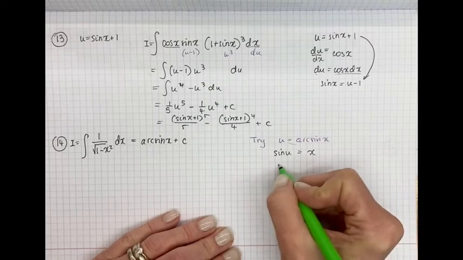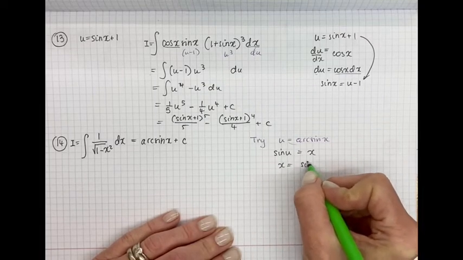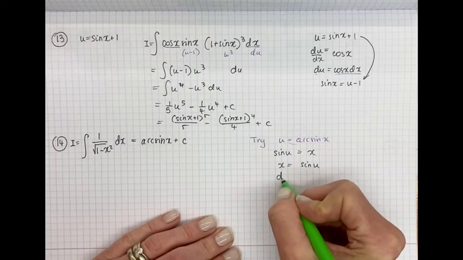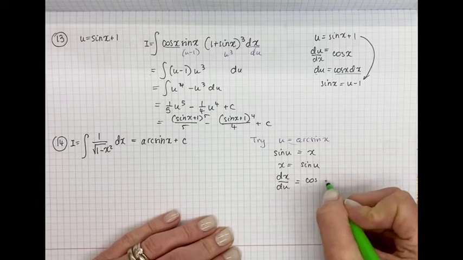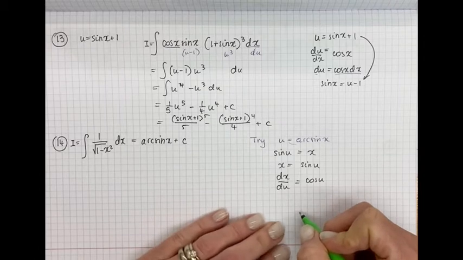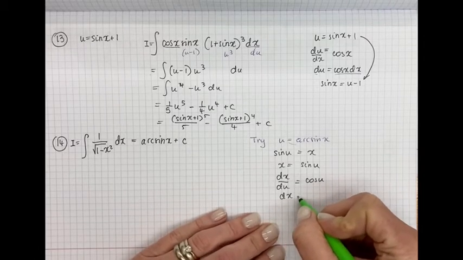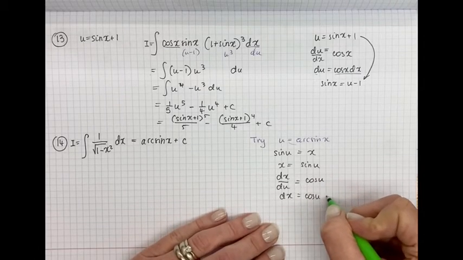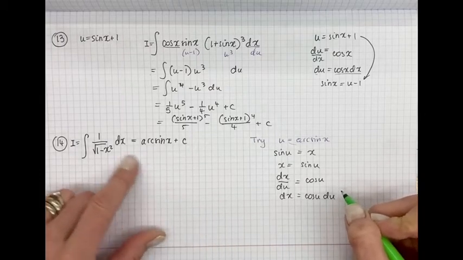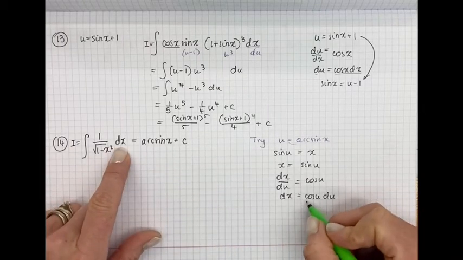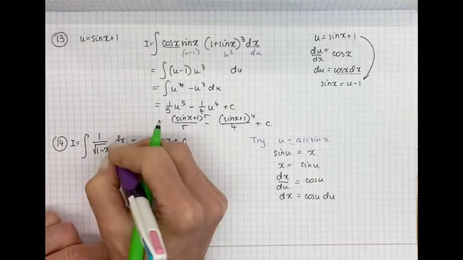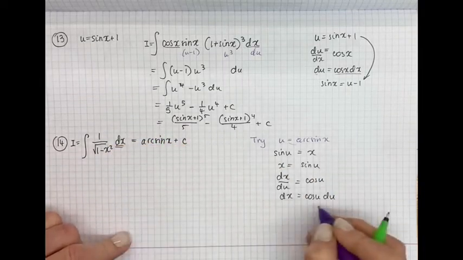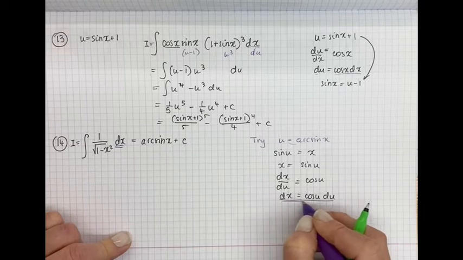So I'm going to differentiate x with respect to u to get dx/du is equal to cos u. So dx is equal to cos u du. Now I've got dx, so I can replace it with cos u du. That's good. So I've got the replacement for half of my integral.